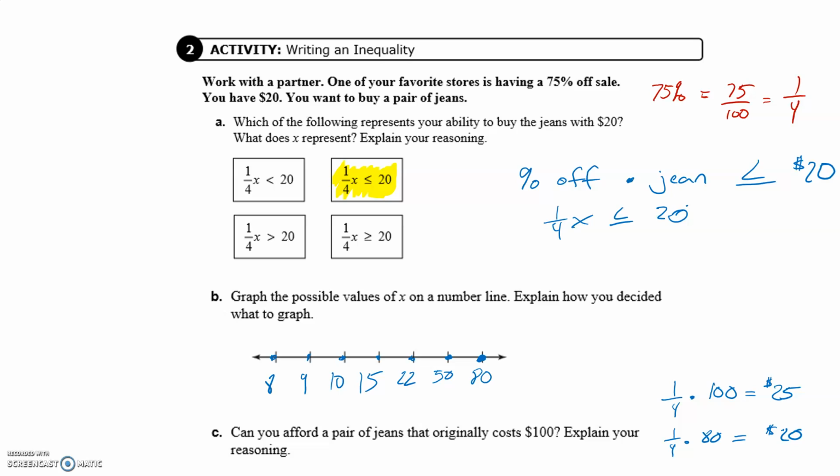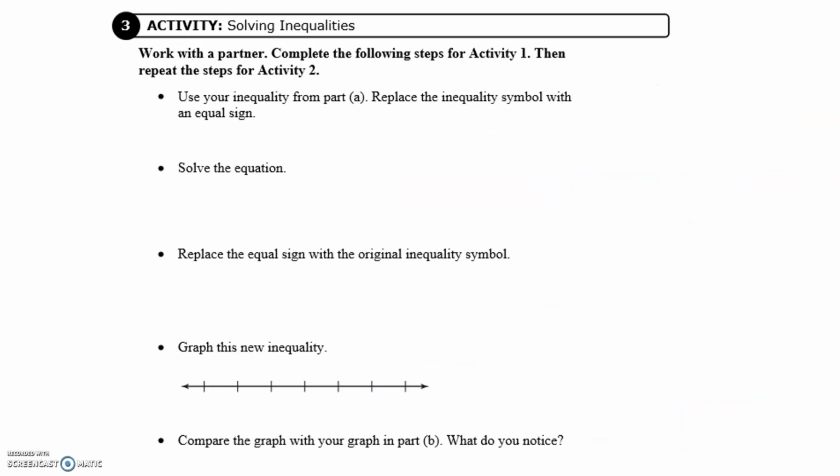So now I'm just doing the same thing with activity 2. So 1/4 x is less than or equal to 20. All right, now I'm going to replace that inequality symbol with an equal sign, and I have 1/4 x equals 20. Now I'm going to solve the equation.